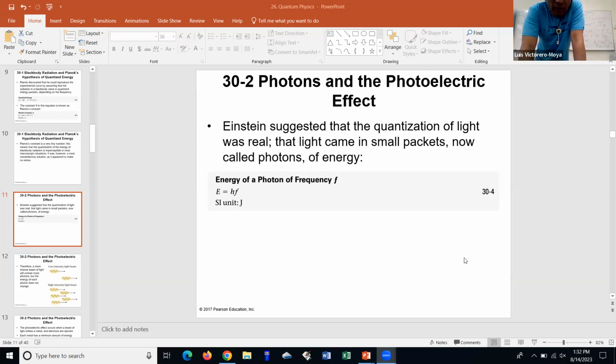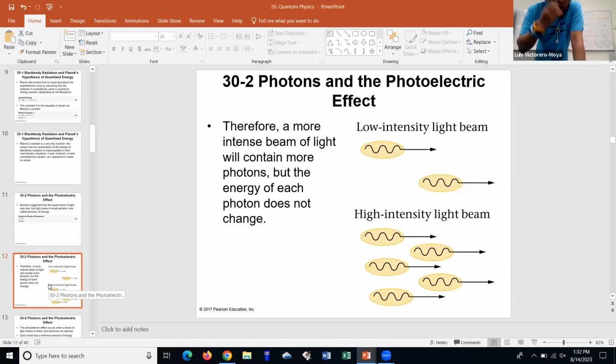So let's talk a little bit about the photoelectric effect before we do examples of this. As I mentioned, in the photoelectric effect, you're gonna have beams of light. And as you know already, these beams of light are a stream of photons. And here is where we have the differences between the classical definition and the quantum understanding.